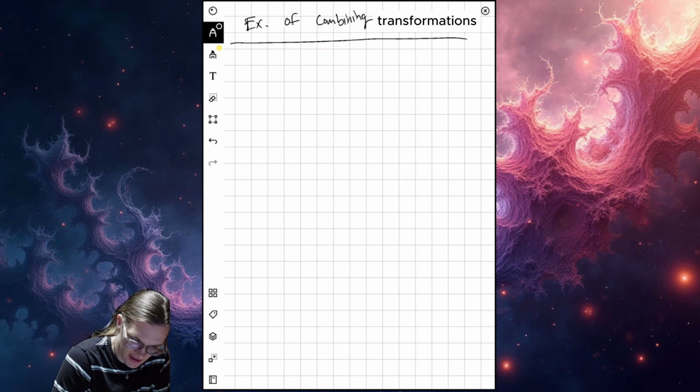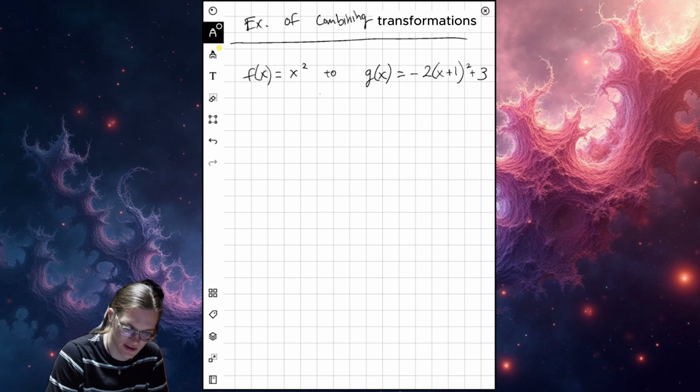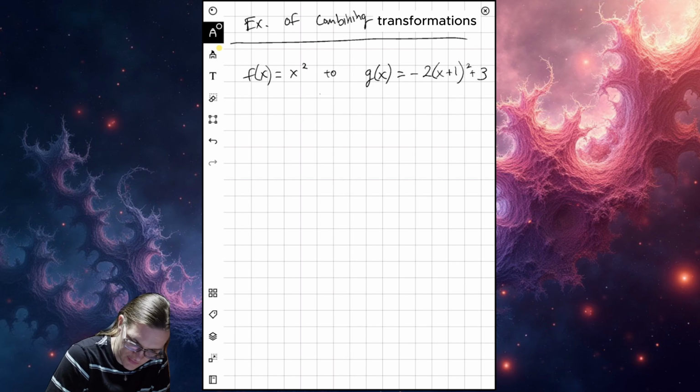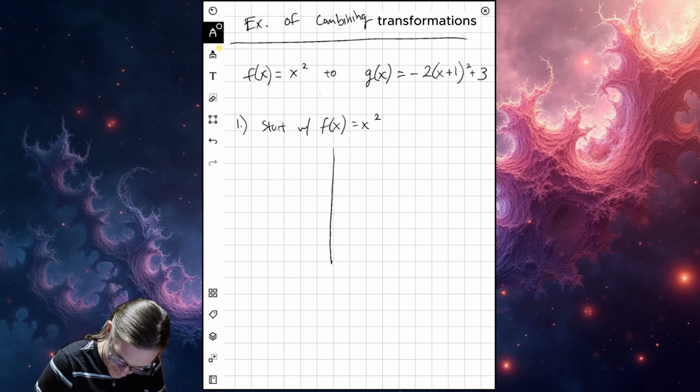So to describe the transformation from f of x equals x squared to g of x equals -2 times (x plus 1) squared plus 3. To go from here to here, first step, we start with f of x equals x squared. So let's draw it. 1 squared is 1, 2 squared is 4.